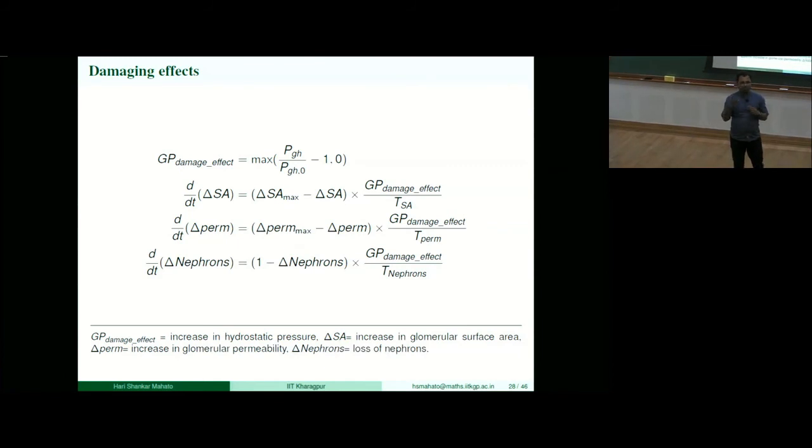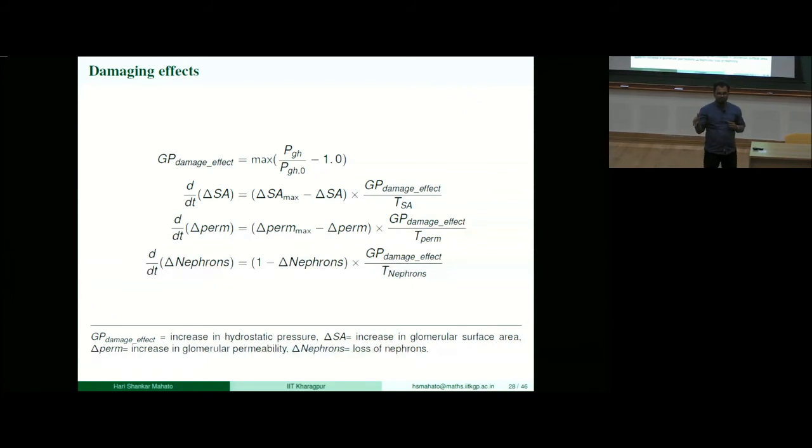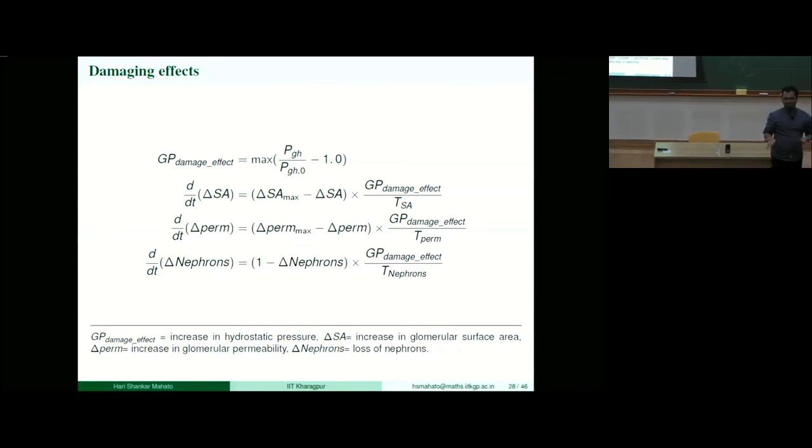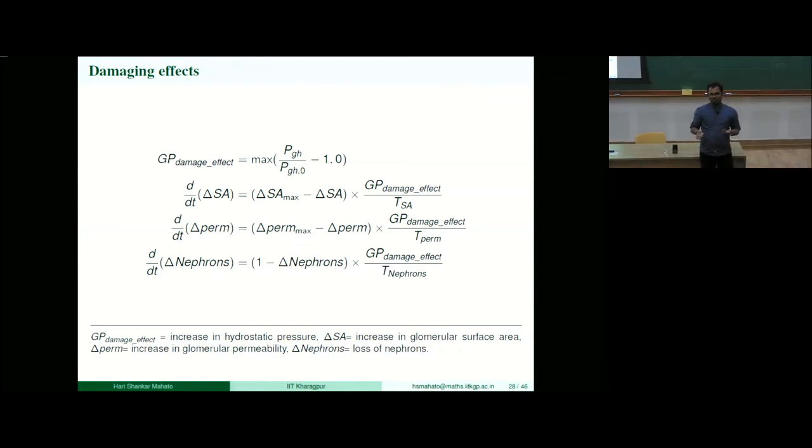Suppose you have 10 nephrons, you have high pressure, and it damages, let's say, the 10th nephron. So now you have 9 nephrons doing the work of 10 nephrons. So the 9 nephrons are doing more work, and over time the 9th one will get damaged. Similarly, 8 nephrons will do the work of 10 nephrons, so the 8th one will get damaged, and so on until all of them are damaged.